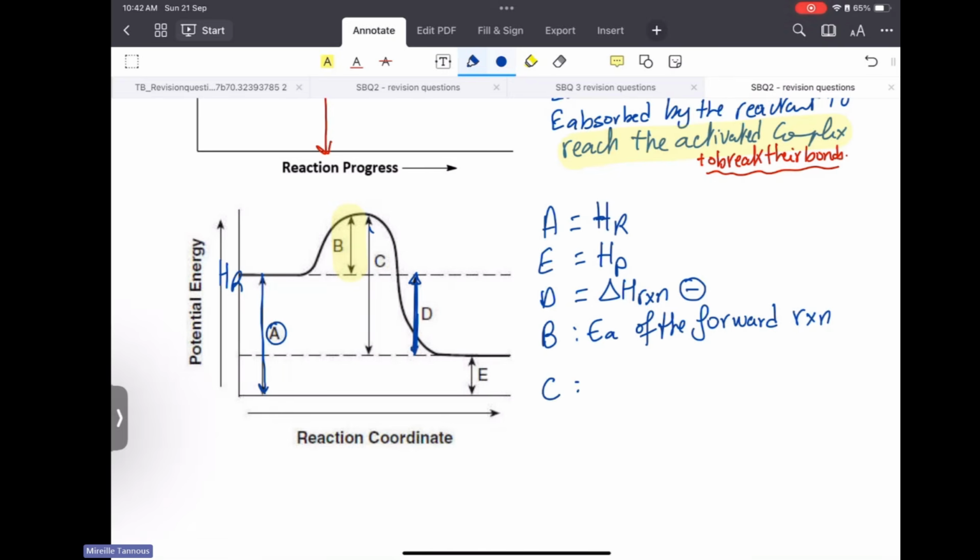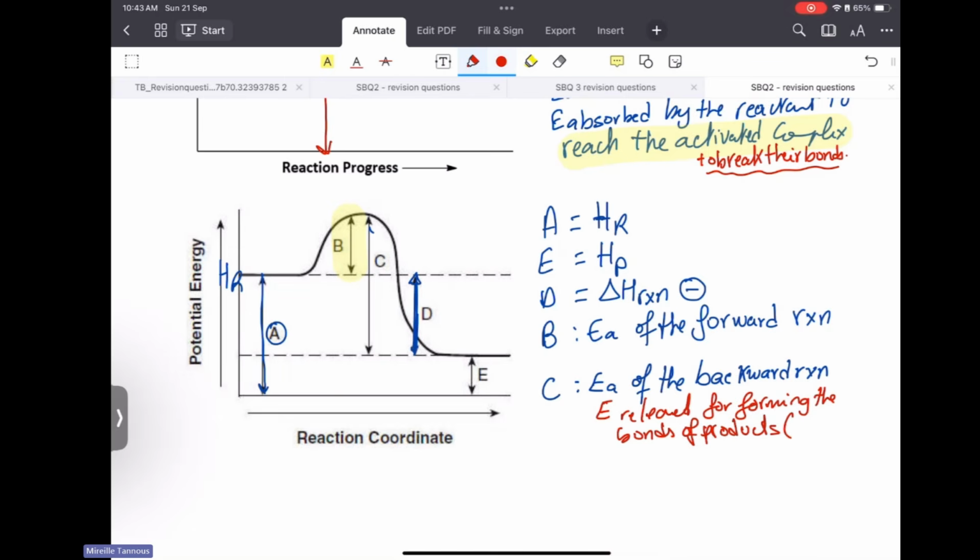Also, I can say that C is the activation energy of the backward reaction. So I'm going to write it in red. Also, it's the energy released for forming the bonds of products, of course in the forward direction.